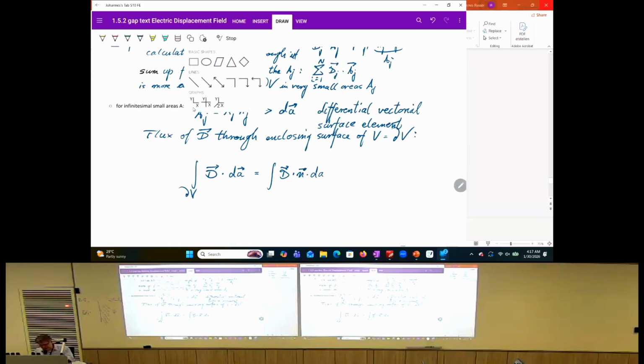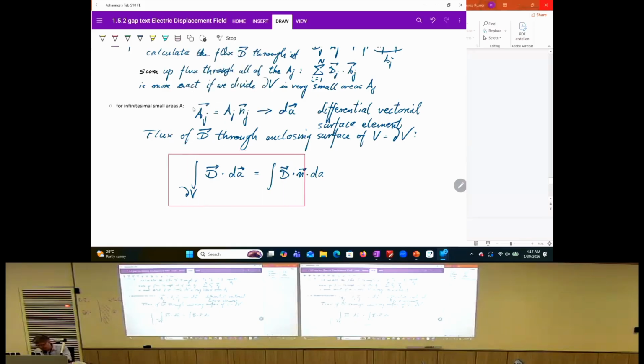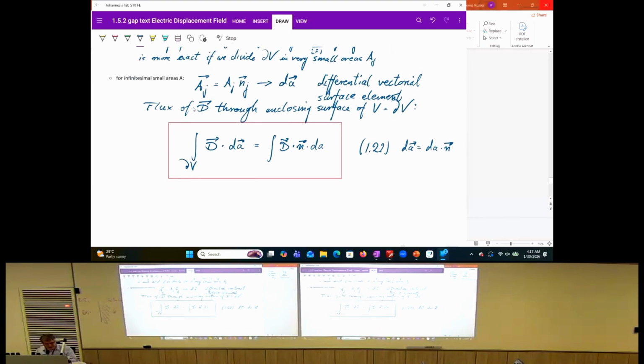This is important to be comfortable with. So our vectorial surface element is dA times the normal vector. And this is the electric displacement flux through a closed surface.